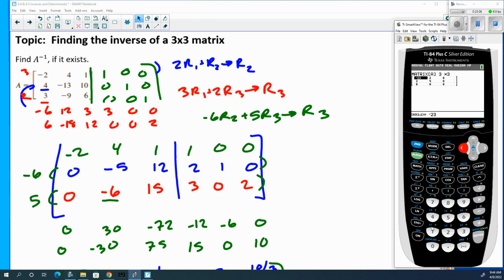Okay, so then you're just going to type in the numbers from the original matrix A. Just hit enter or equals after each number, and it automatically moves you over. Make sure you hit enter after I typed in the 6. If you don't hit enter, it doesn't actually change it from what was already there. So make sure to hit enter.